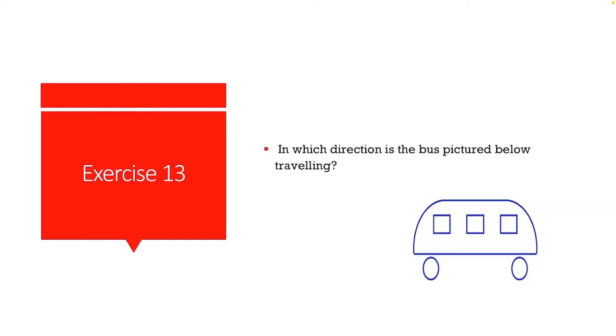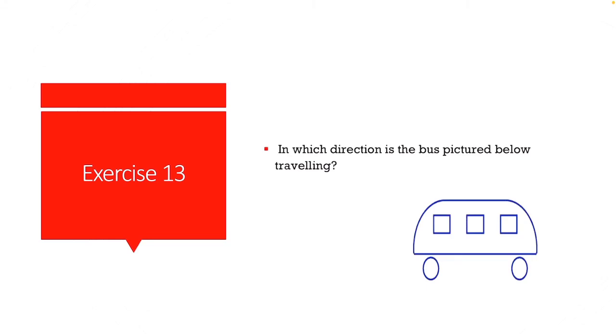Okay. Next is, in which direction is the bus pictured below traveling? To which direction the bus is traveling, we have to tell. So the answer is, the bus is traveling either left or right. How?